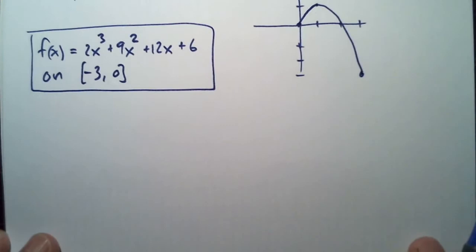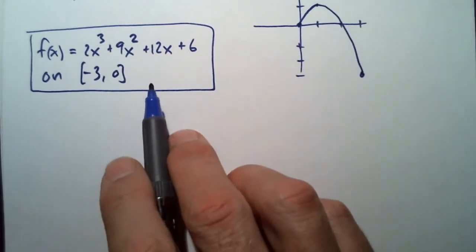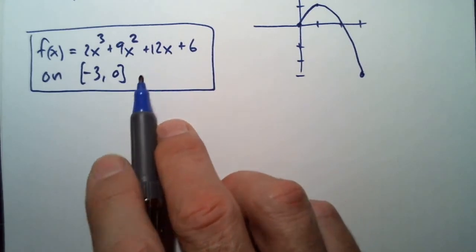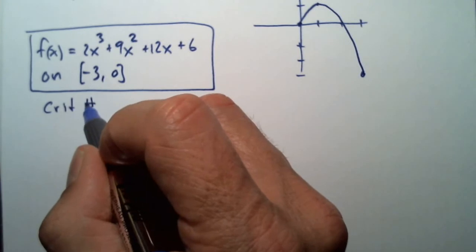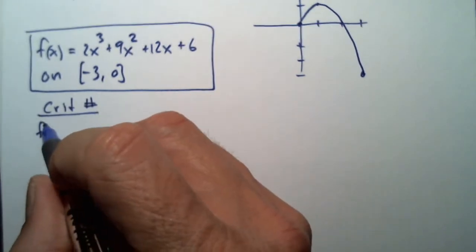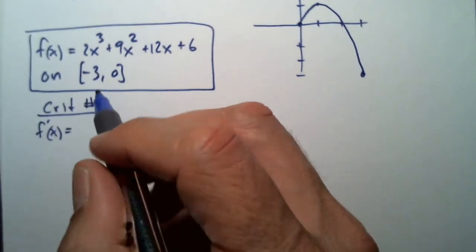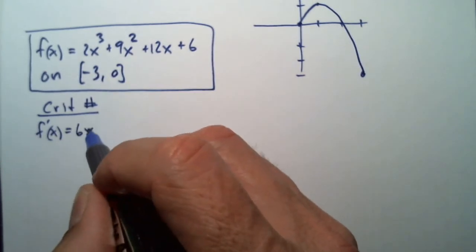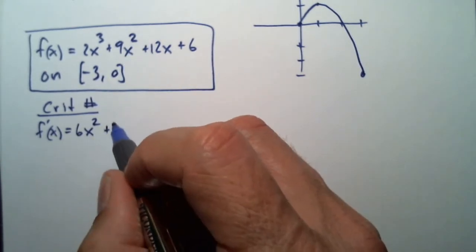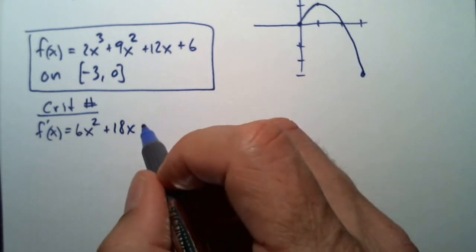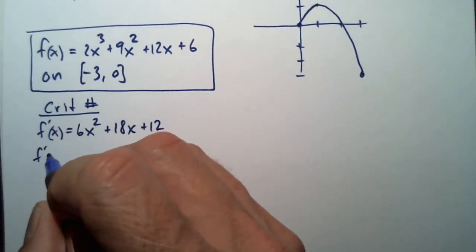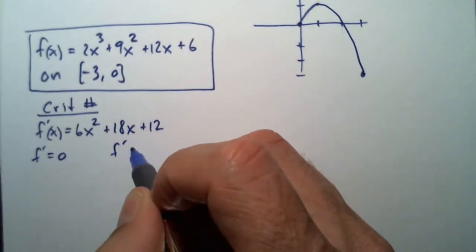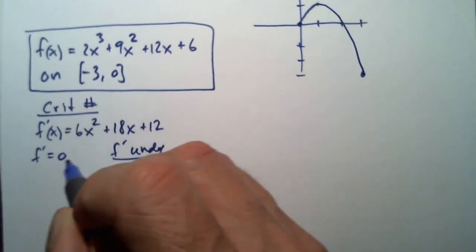All right, pause the video and find the absolute extrema of this function on this interval. So to find critical numbers, we need the derivative, and that's going to be 6x squared, 18x plus 12. We want to know when f prime equals 0 and when f prime is undefined.